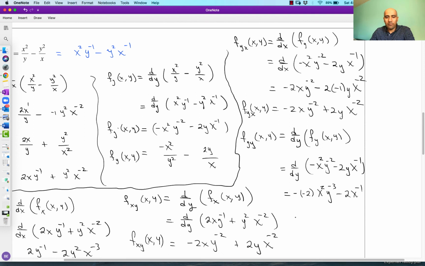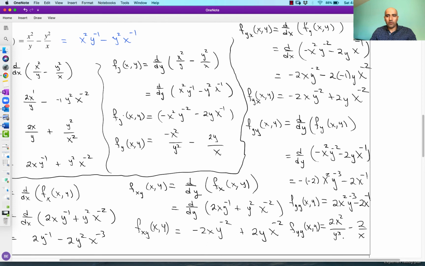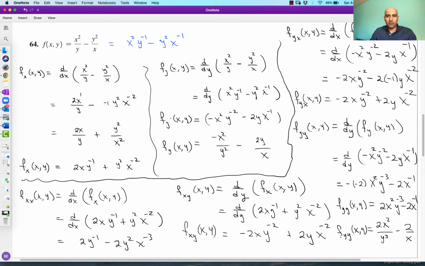So this will simplify to f sub yy of x comma y is equal to 2x squared y to the negative 3 minus 2x to the minus 1. Good. Let me just write it in a slightly different way. F sub yy of x comma y equals 2x squared over y to the positive 3 power minus 2 over x. Okay, so that's ugly.